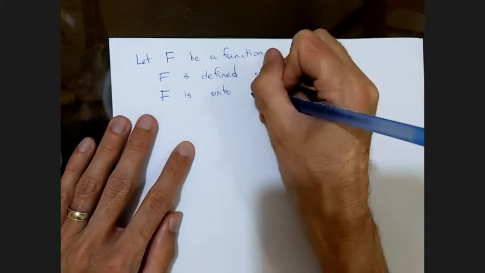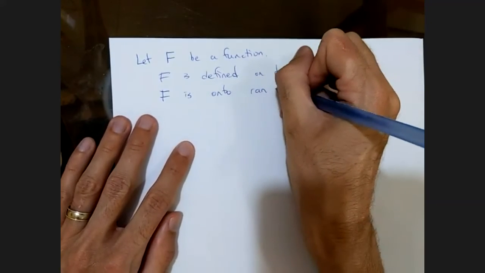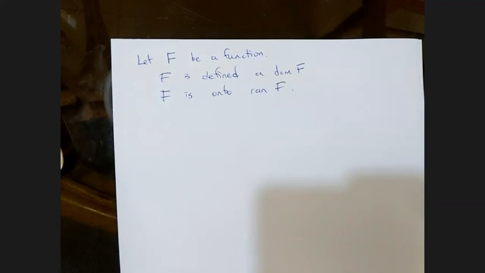F is onto the range of F. So that's why we only have to check if a function is one-to-one.